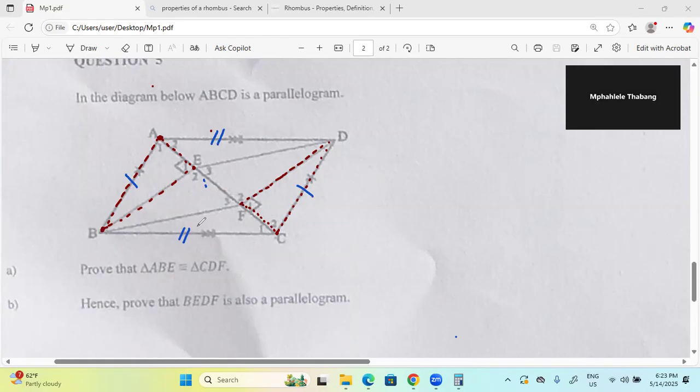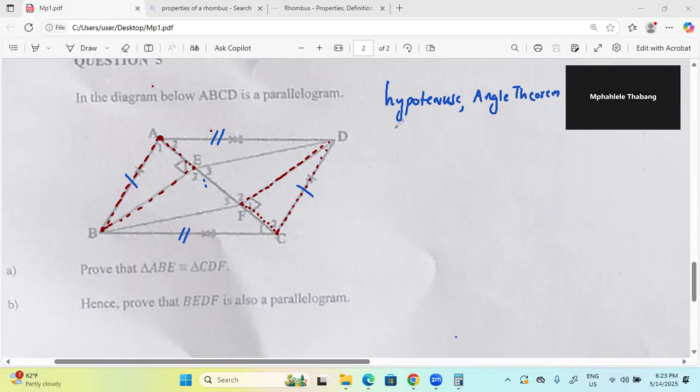Another thing that you have to identify about the triangle ABE and the triangle CDF is that both of these two triangles are right angle triangles. So we can talk about the hypotenuse angle theorem of proving that two triangles are congruent.